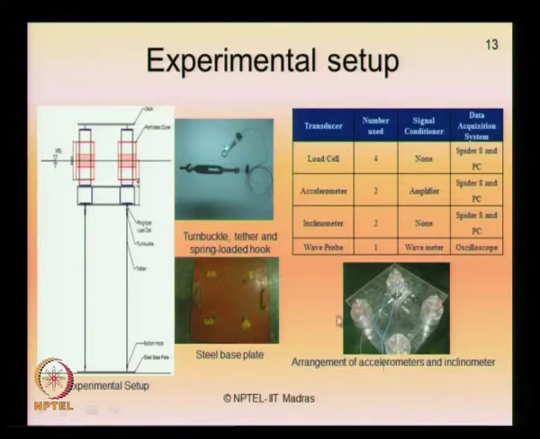This is of course the same model which you saw in the last slide, which is now shown with the arrangement of accelerometers to measure the acceleration and inclinometers to measure the rotations. This is the arrangement of different measuring devices like load cell, accelerometers, inclinometers and wave probes, which form part of the data acquisition system used in the experimental study.